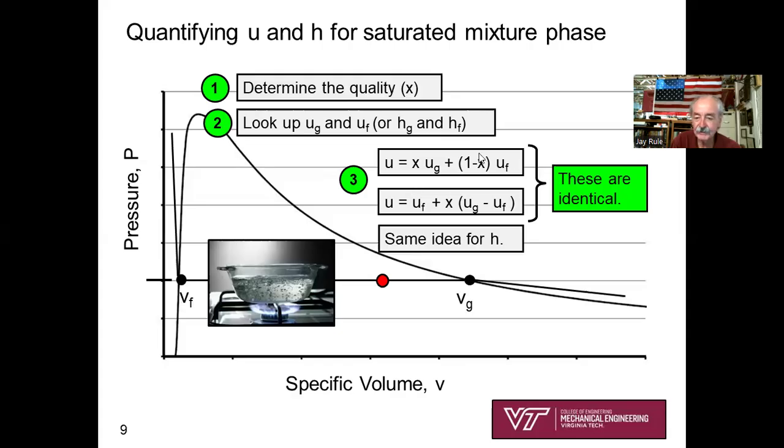So whichever you choose to use, both give you the same result. In future weeks, when you need to find H, it's the same idea. This is the way I remember how to calculate internal energy and enthalpy when I'm under the dome, when I'm a saturated mixture. I hope that helps.